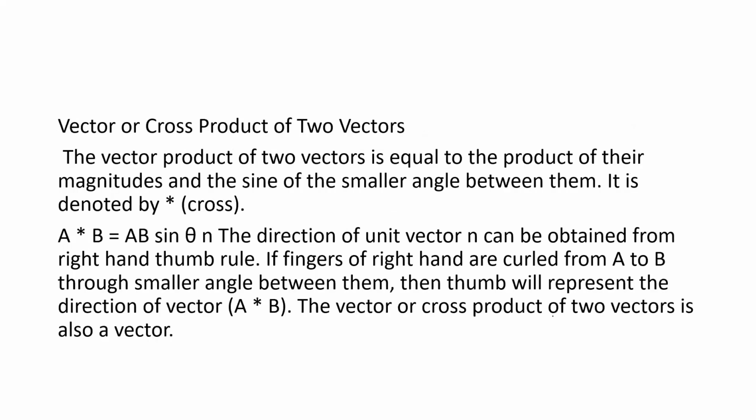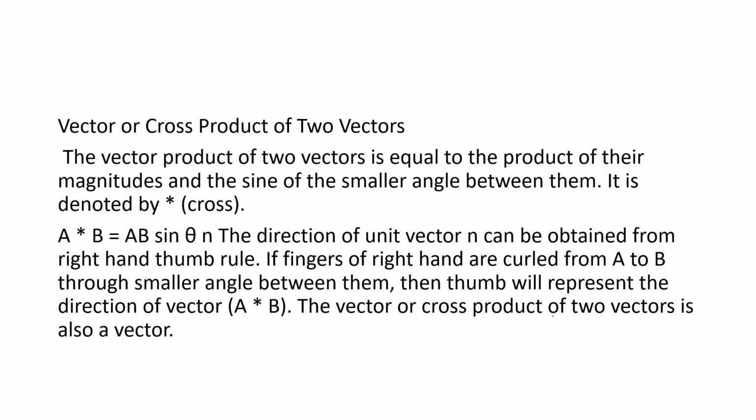Then next, we discussed the dot product. Now let us discuss the cross product. The vector product of two vectors is equal to the product of their magnitudes and the sine of the smaller angle between them.